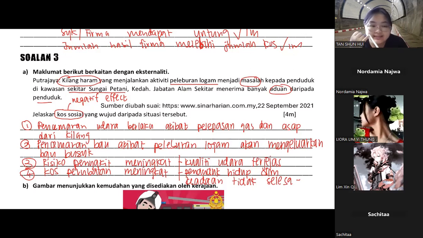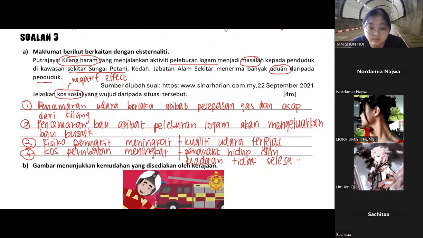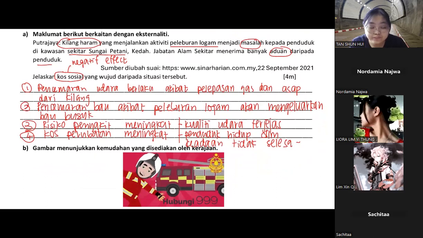Whenever there is pencemaran, risiko penyakit, cost perubatan, or even ecosystem terjejas. A very standard pack when they ask you cost social. Okay? Negative effects to other people. All right? And the next one.